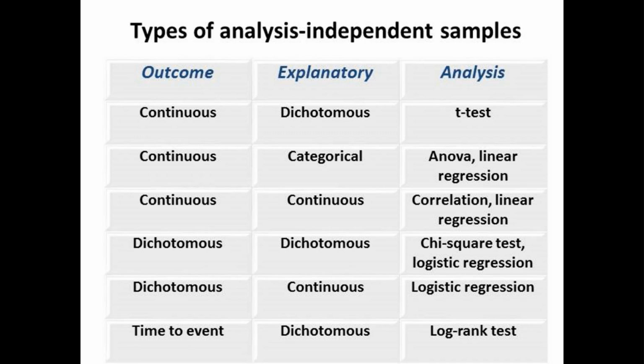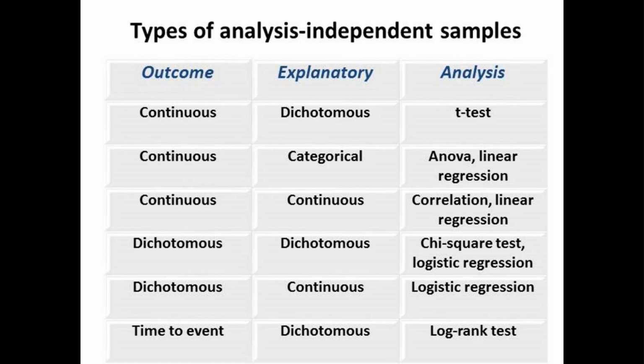If I have to give a very broad suggestion concerning the kind of outcome and the potential test that could be applied to them, roughly when you have a dichotomous variable, the t-test can be appropriate. When you have a categorical variable, when the outcome is continuous, the ANOVA or the linear regression analysis can be applicable, and so on.